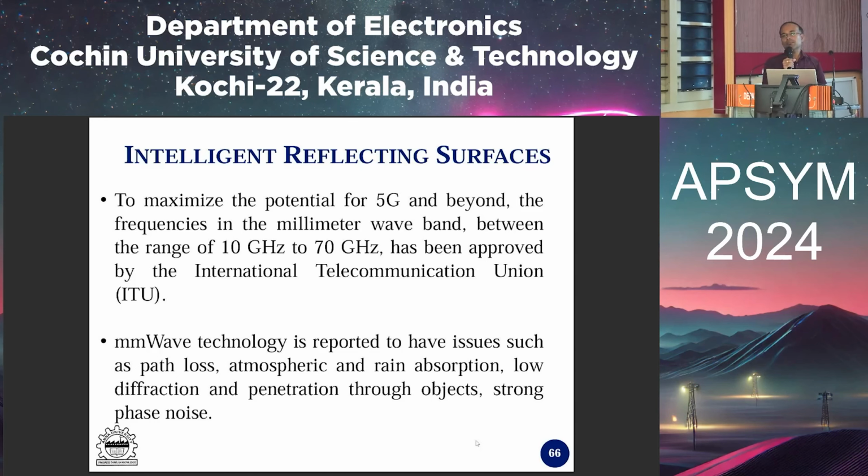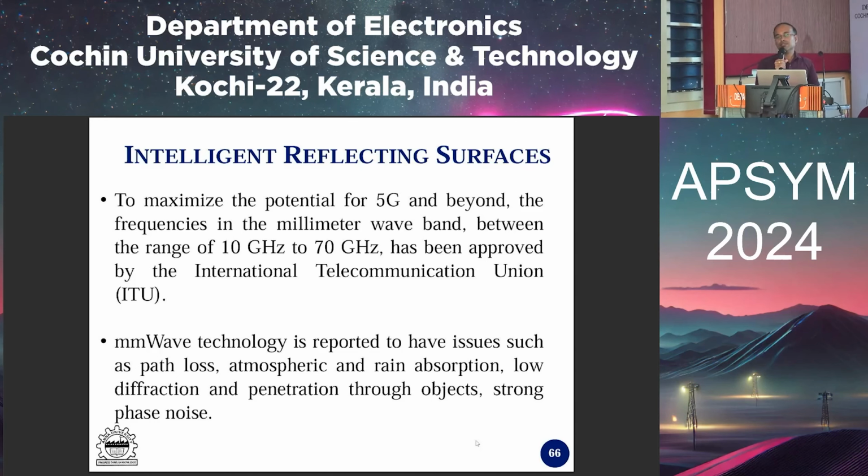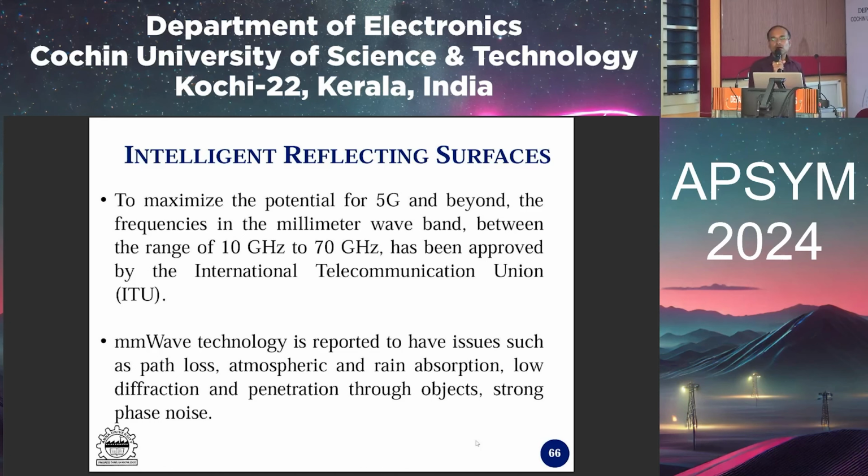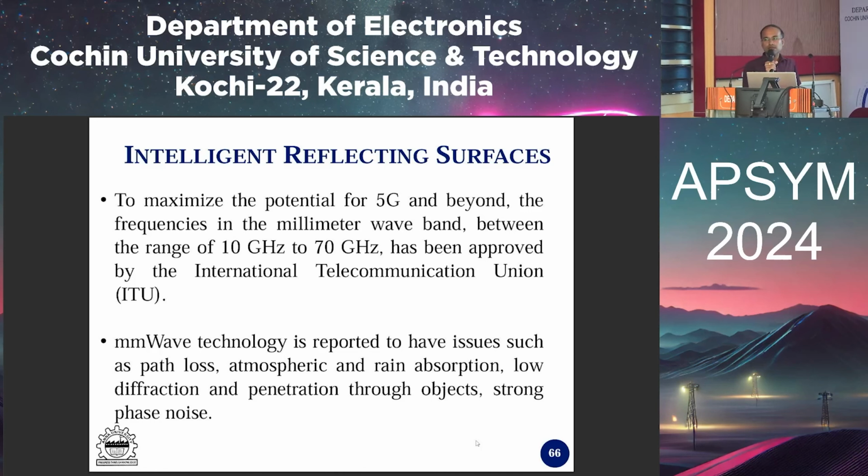So people have come up with these intelligent reflecting surfaces, where these FSS are used to build this intelligent surface. So there is some intelligence behind this frequency selective surface. Whatever signal is incident on this FSS, it will direct the incident electromagnetic beam to the region of our interest by having some intelligence within it.